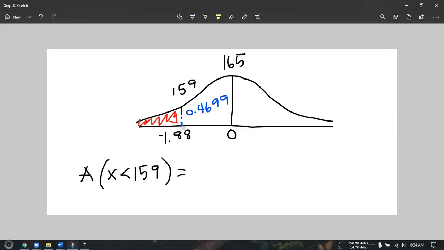How can you find the area of the shaded portion? Are we going to subtract or add from 0.5? Subtract. So we have 0.5 less than 0.46.